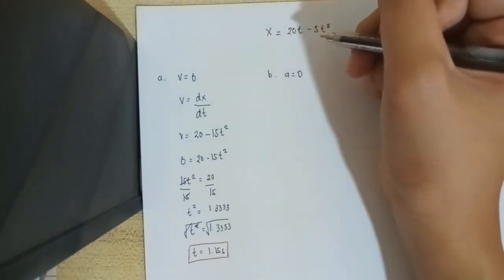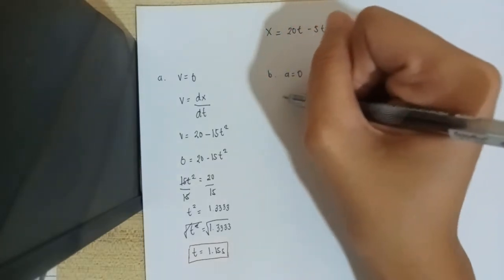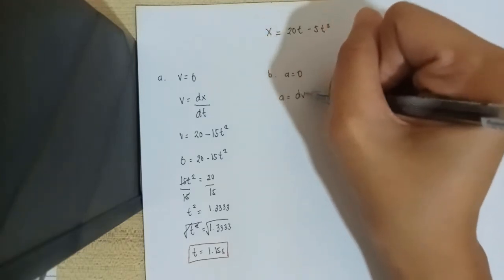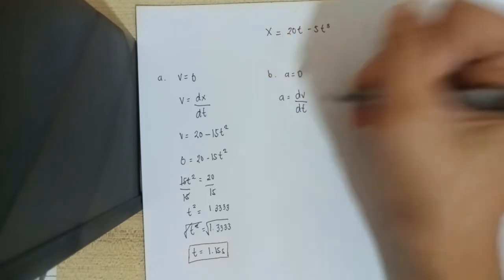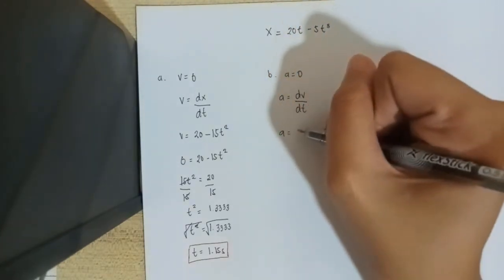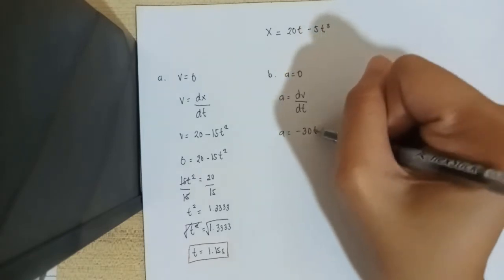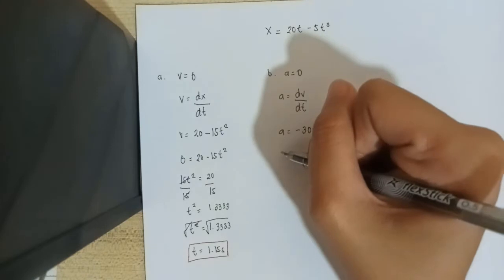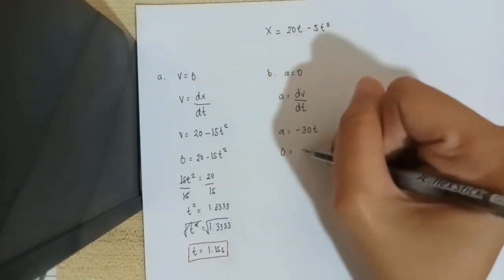Next, at letter B, when is its acceleration 0? So our acceleration here is equal to 0. Just like with letter A, the definition of the acceleration is equal to the derivative of v over the derivative of t. So we need to differentiate the v here, which is 20 minus 15t squared.